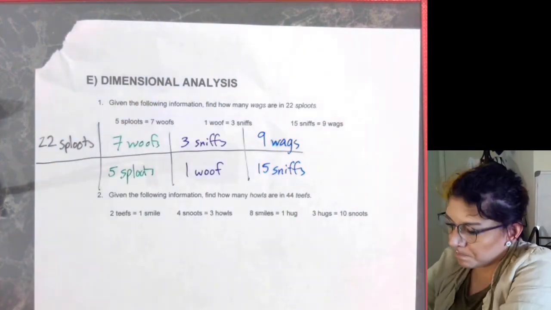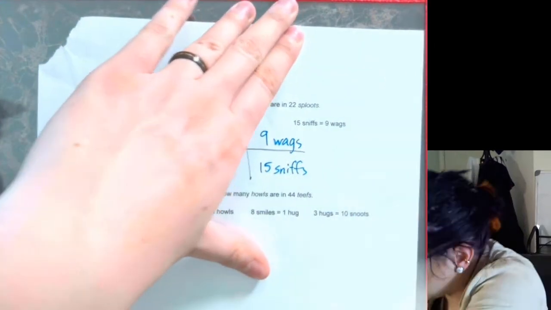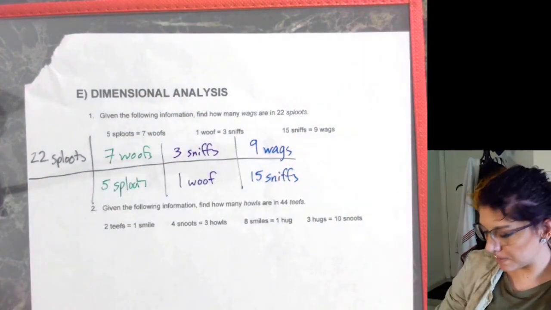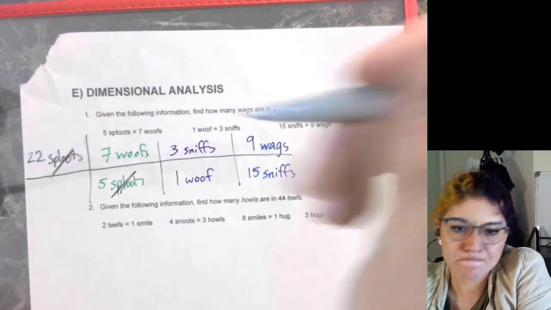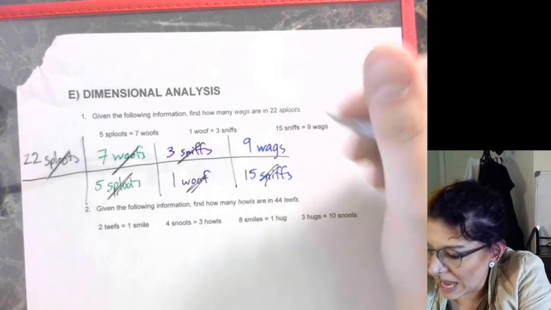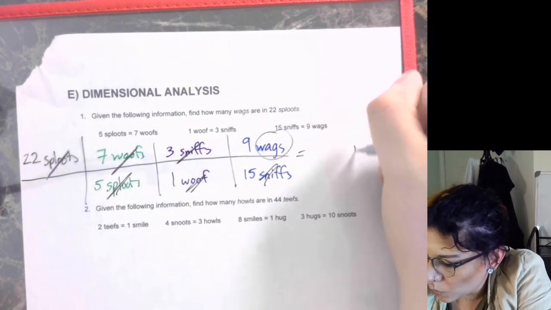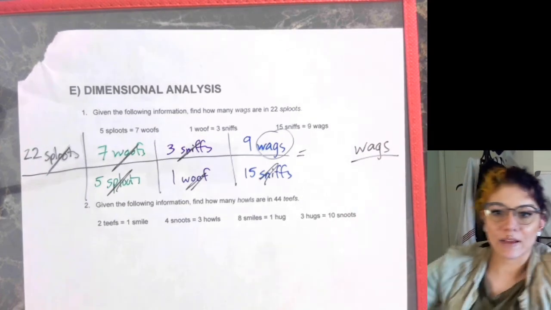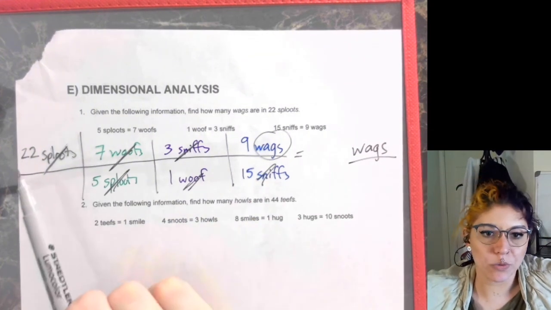So what I'm going to do is just go through, cancel out all my common units. So sploots, sploots and sploots, woofs and woofs, sniffs and sniffs. And we end up with wags, right? Now we just go through and say 22.